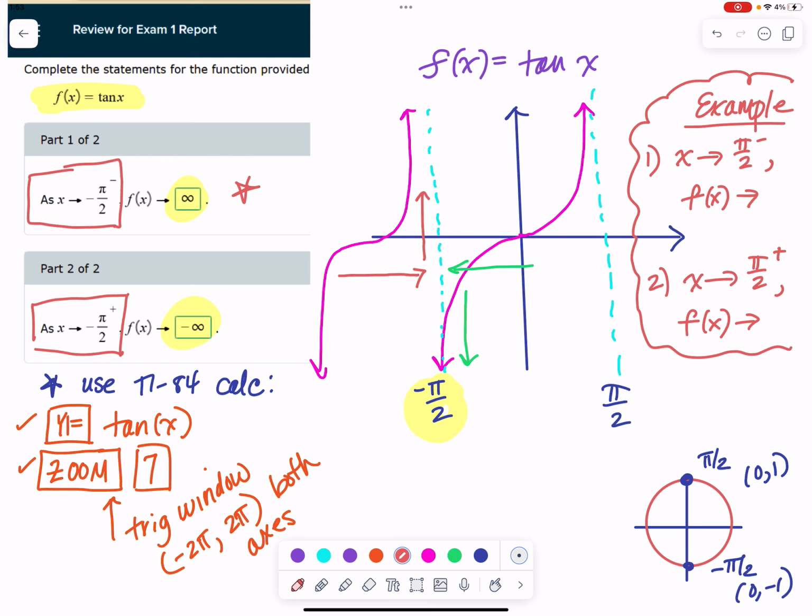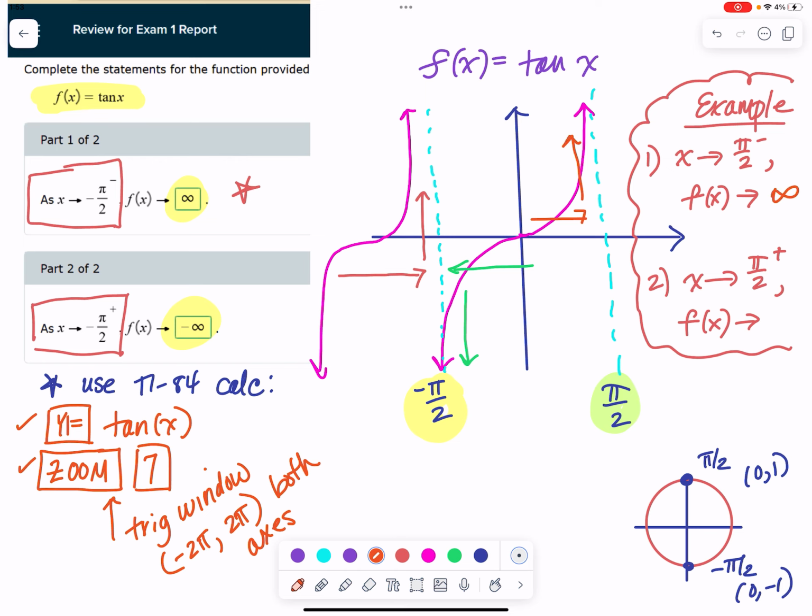Okay, so let's start with approaching pi over 2 coming from the left. So I'm going to approach pi over 2. As you can see, this is pi over 2 down here. And I'm coming from the left. Those y values, that graph is going to positive infinity.